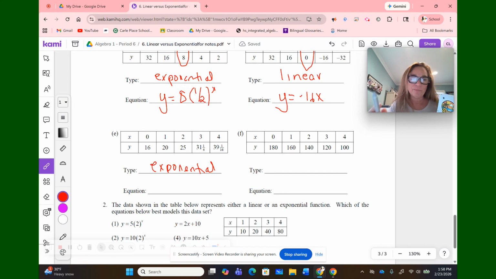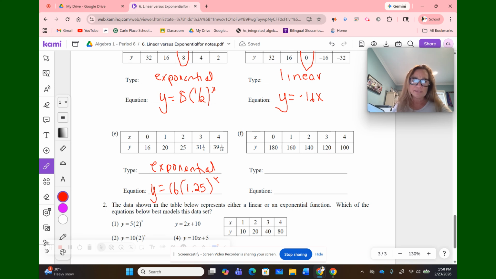All right, so I know that it's y equals 16. I know that it's increasing, but I think it's 1.25, but I'm not sure, so I'm just going to do some division. So 20 divided by 16 is 1.25. 1.25, raised to the x. And type it in the calculator.